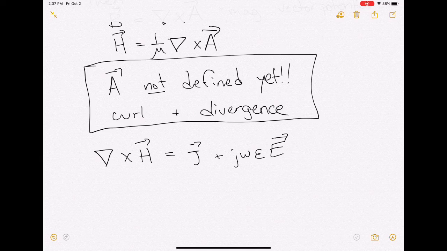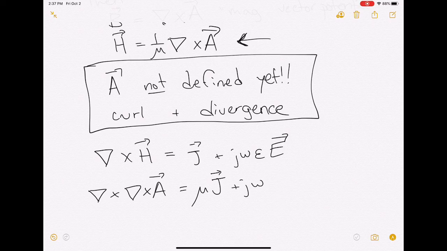So if we put in our earlier equation for A in terms of H, we can write this as the curl of A is mu J plus j omega mu epsilon E.